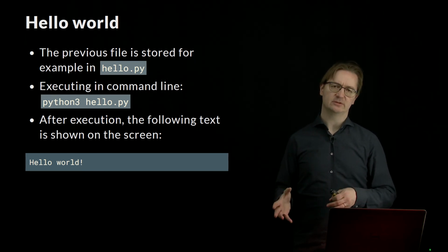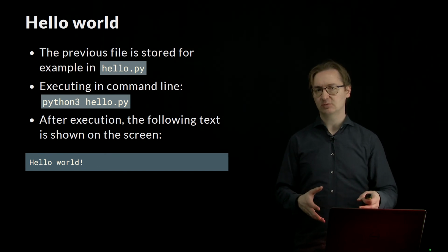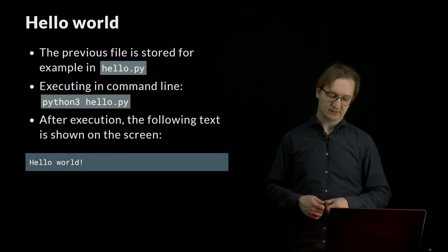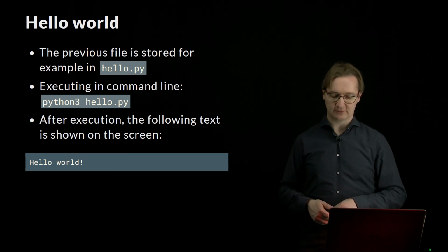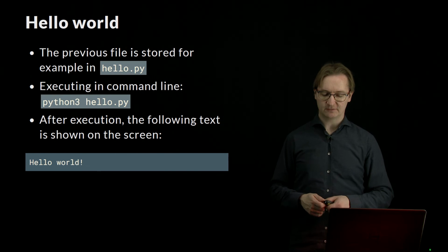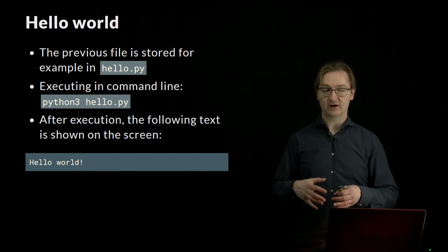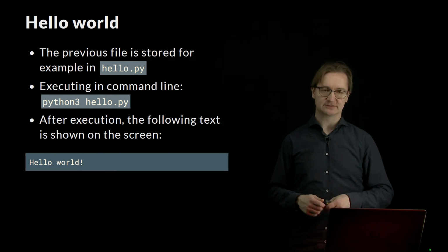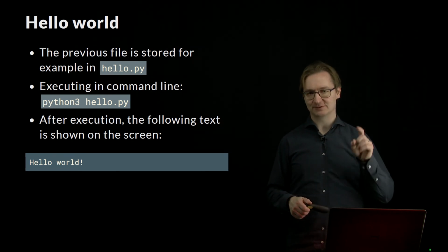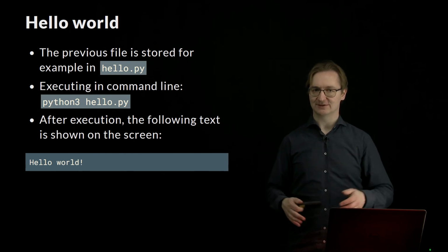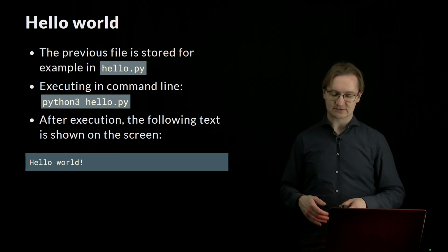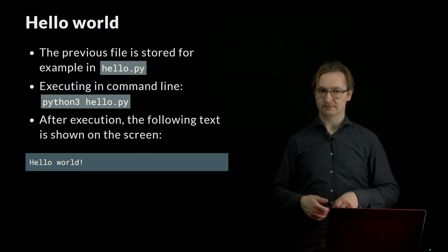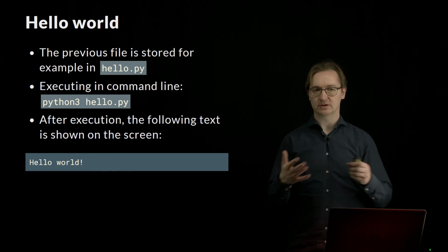Of course, usually we don't execute code in the command line, or it depends on how you want to program or how you want to use Python. We often use an environment where we have all those executions under some buttons, so we just press one button and it executes the code. In this course, for example, we use PyCharm, but there are a lot of different kinds of environments or programs where you can program.